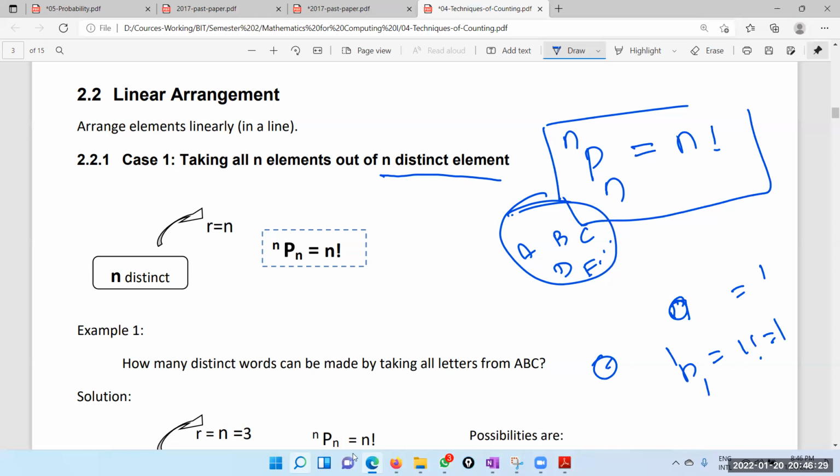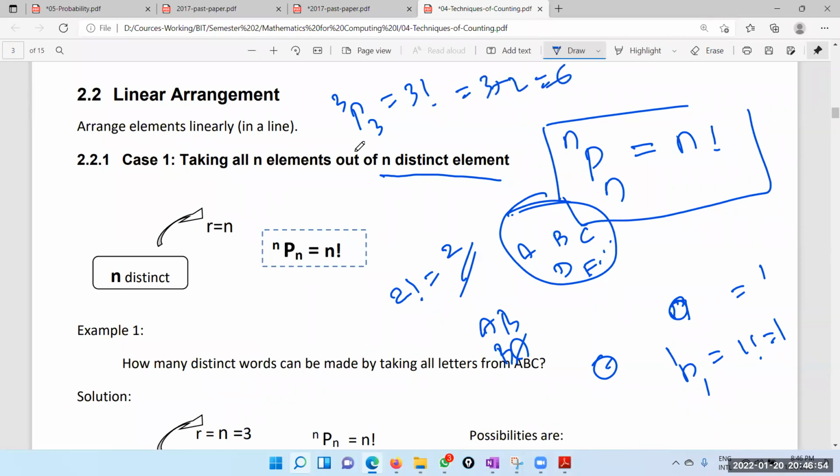What about if you have two people? According to the definition, if you take all two and arrange linearly, I have factorial 2. Factorial 2 is 2 into 1, which is 2. AB and BA. What happens if you have 3? According to our definition, 3P3 is factorial 3, which is 3 into 2 into 1, that is 6.